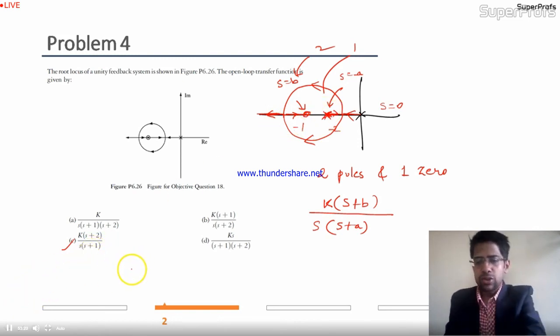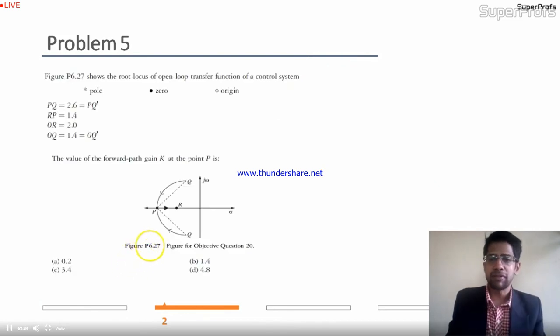Let us go towards problem number 5. So this is a very interesting problem. Keep attention on this problem. In the given figure, the figure shows the root locus of the open loop transfer function of a control system, and you are given the values PQ and PQ dash. So PQ and PQ dash is equal to 2.6.